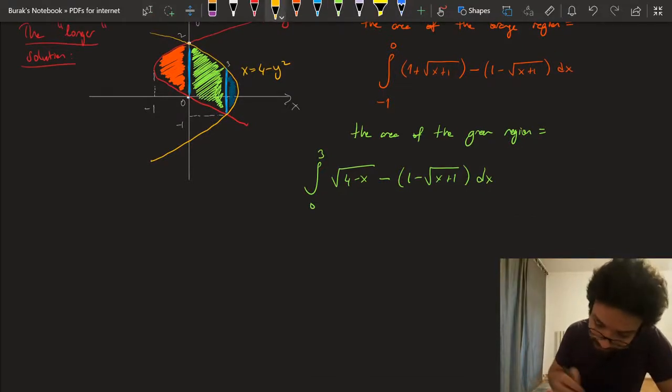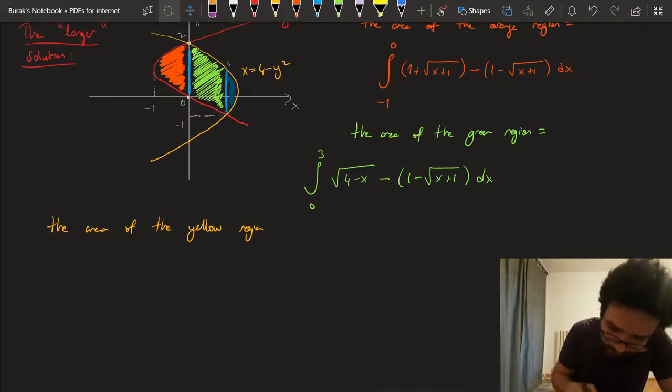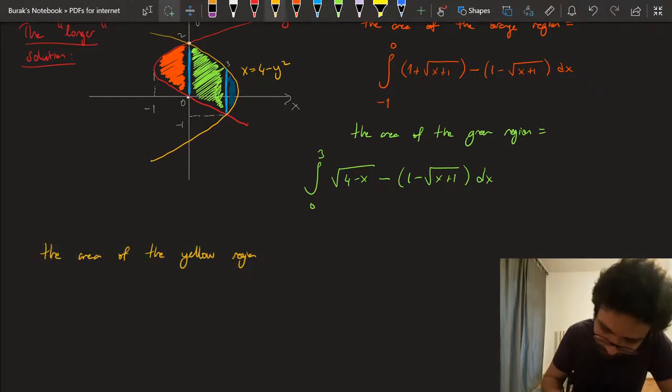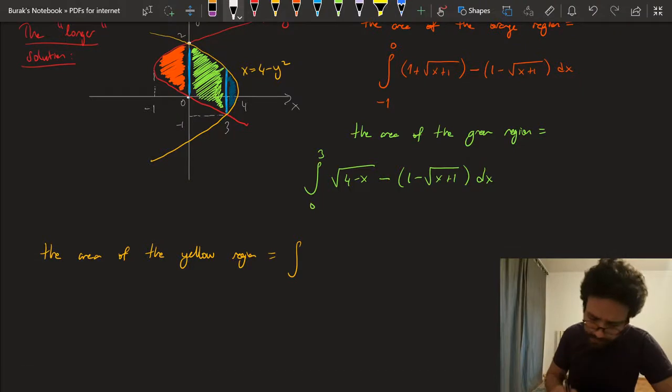And finally, for the last one, the area of the yellow region equals, I'm just going to write this down because I've already lost so much time on this. This integral is from 3 to 4.